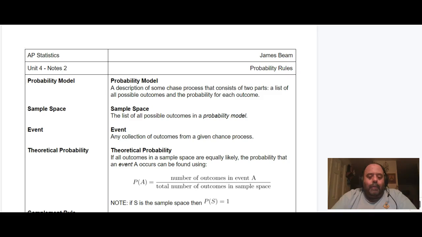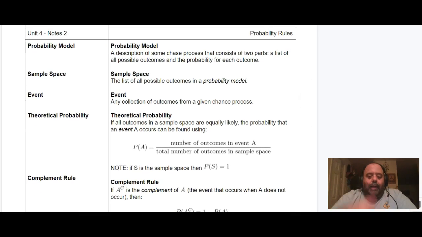And each of those little atoms, or each of the outcomes in the probability model, we would like to think of as having an equal probability of occurring. So this means that if I take the total number of outcomes in the event and divide that by the number of outcomes in the sample space, so this is a counting thing, right?